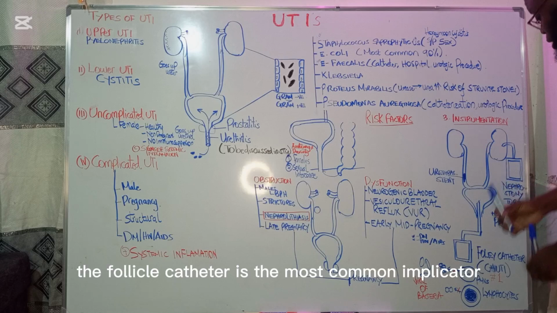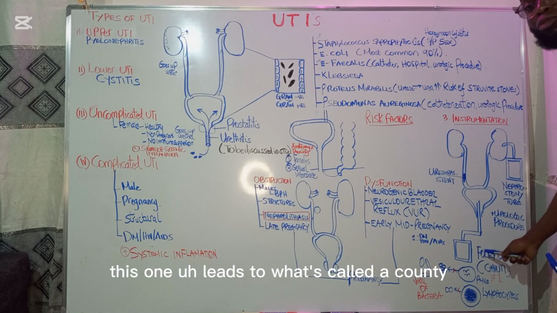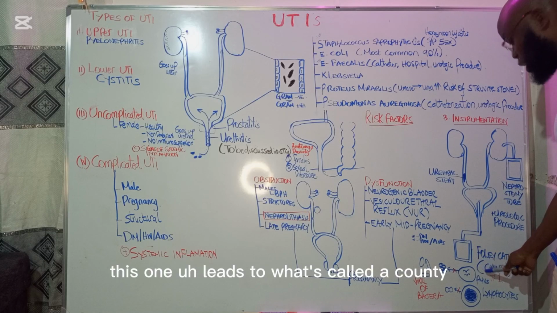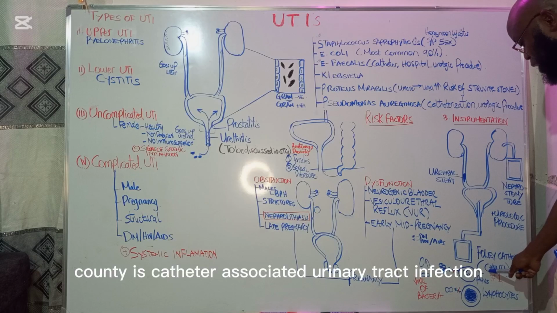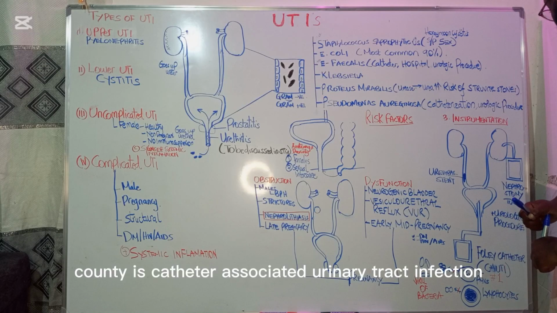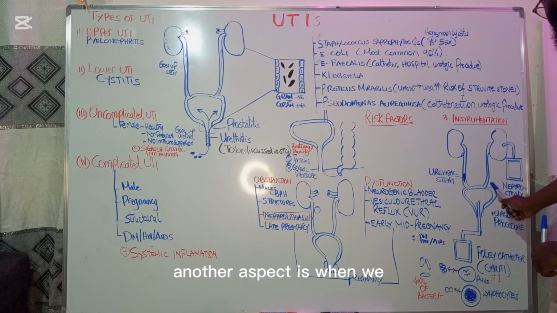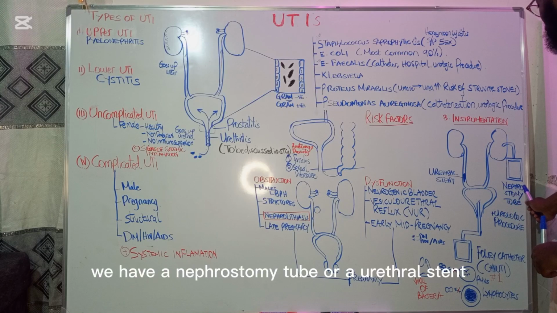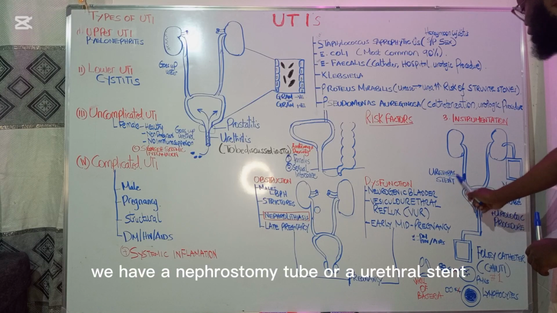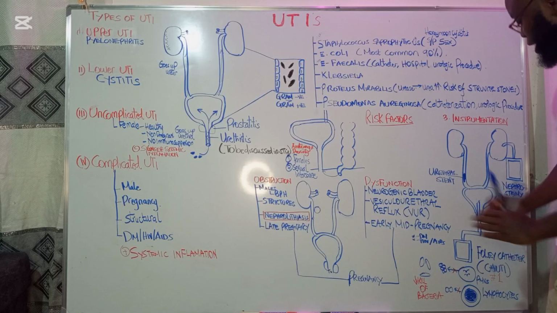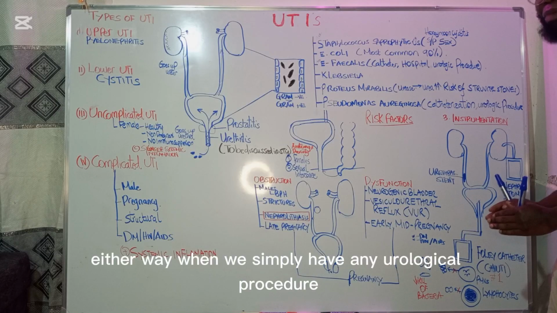The Foley catheter is the most common implicator. This one leads to what's called a CAUTI. CAUTI is catheter associated urinary tract infection. Another aspect is when we have a nephrostomy tube or a ureteral stent. Either way, when we simply have any urologic procedure.